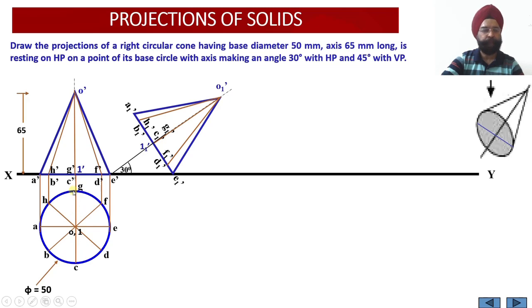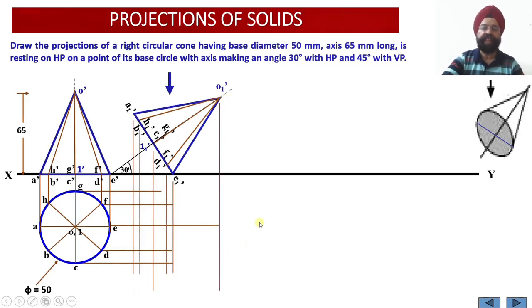From all the 10 points of the previous plan projection view, draw the horizontal projector lines, and for all the 10 points from the current elevation view, draw the vertical projector lines. Wherever these corresponding projector lines intersect with each other, we obtain the points A1, B1, C1, D1, E1, F1, G1, H1 over here. Similarly, O1 and 1 will be obtained corresponding to the axis. So let us start locating those points.